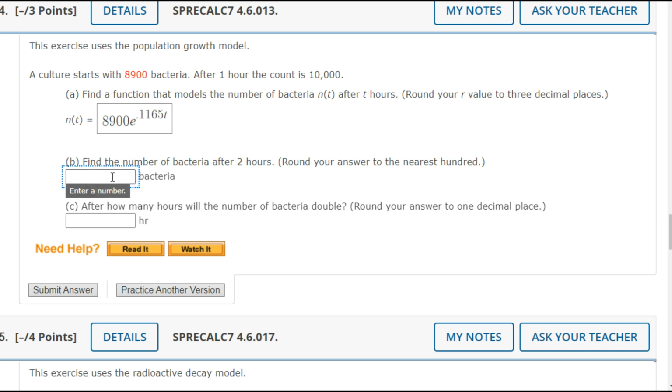Find the number of bacteria after 2 hours. Okay, that's where I'm going to compute N of 2, right?